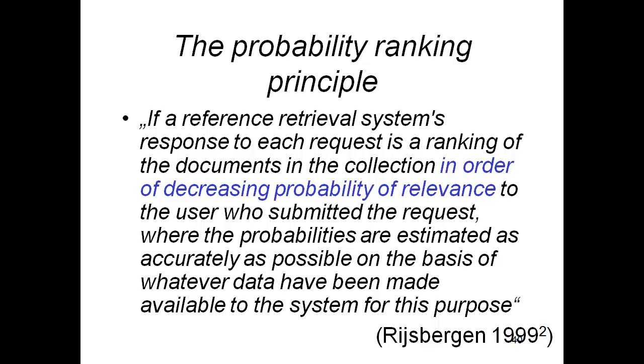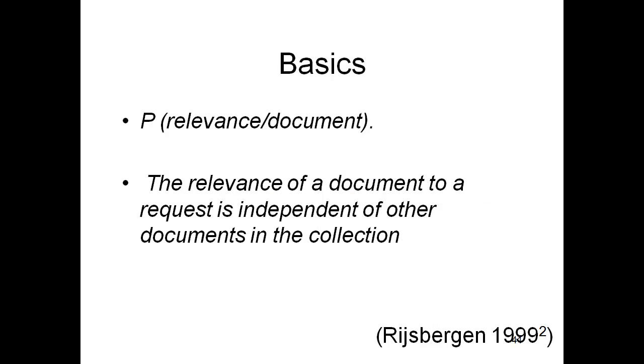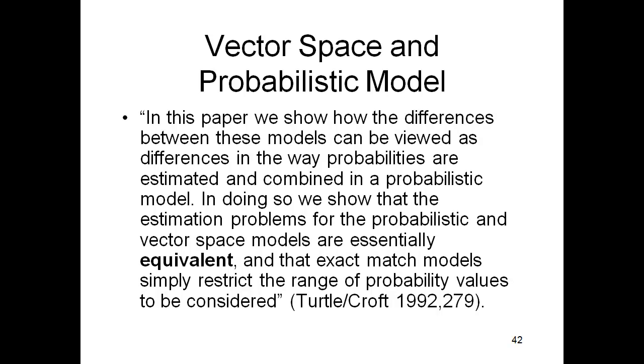So far we assume the only data available is the weighting information based on the term counts. We count and then we calculate our weights, and then we rank. The relevance of a document to a request is independent of other documents in the collection, also an assumption that is made here.